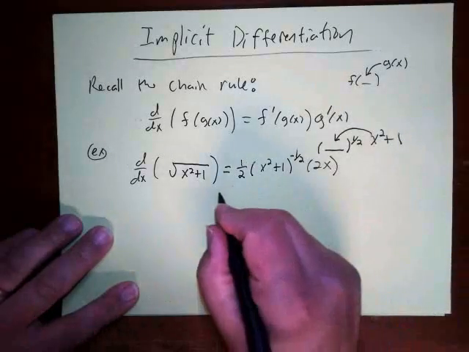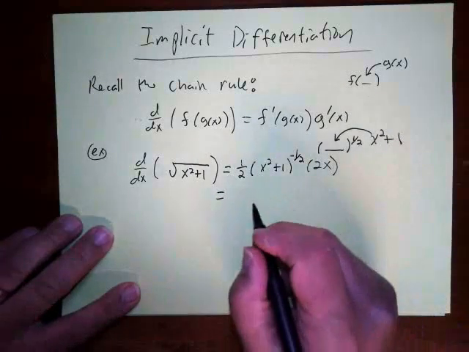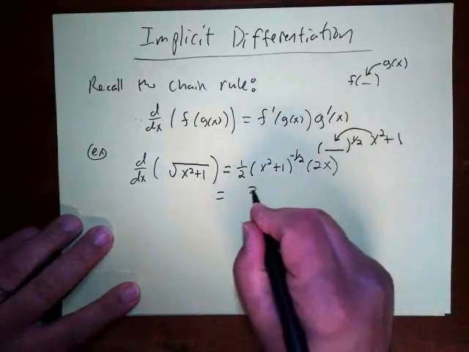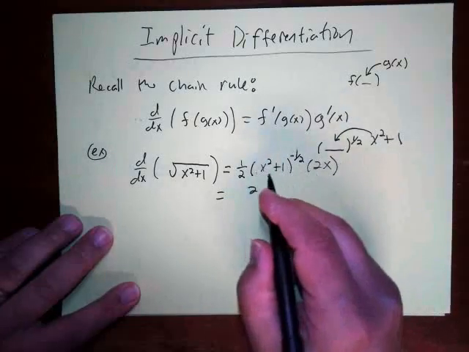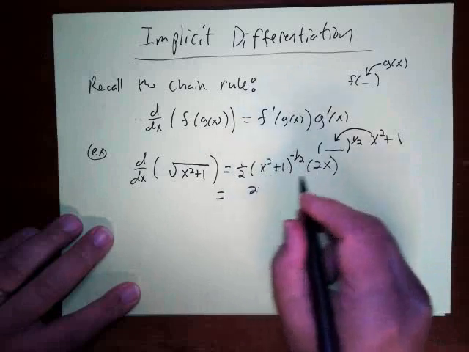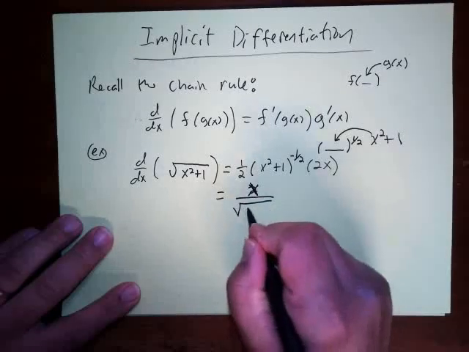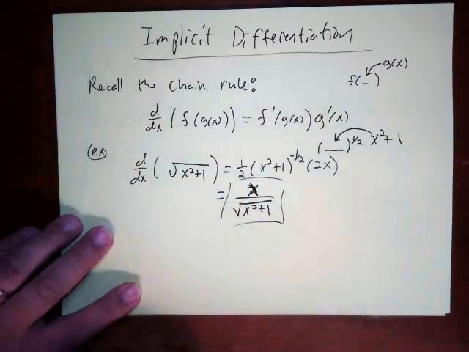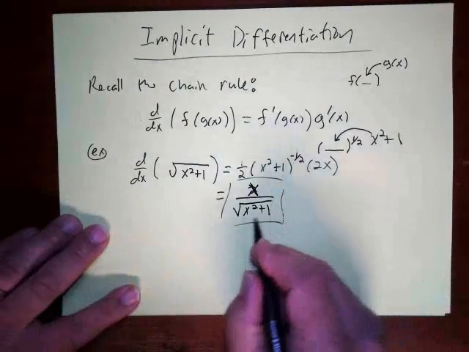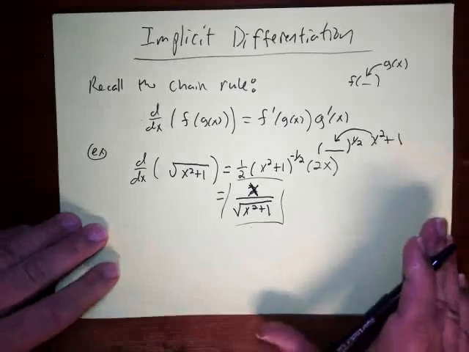And then you could rewrite that: the 2's would cancel out, so I would just have x on top, and on the bottom the square root of x squared plus 1. So you could simplify it like that, bringing that to the bottom. But that's the chain rule.